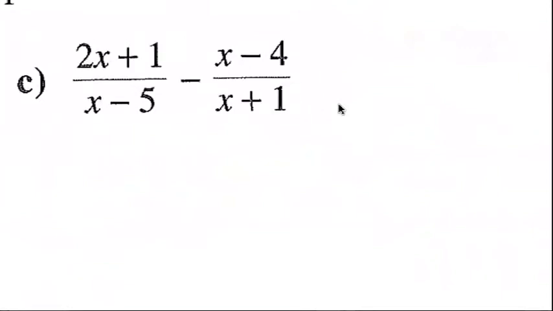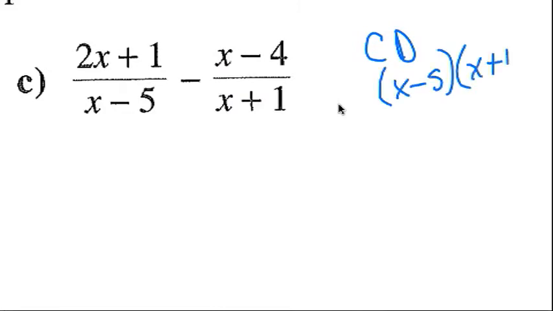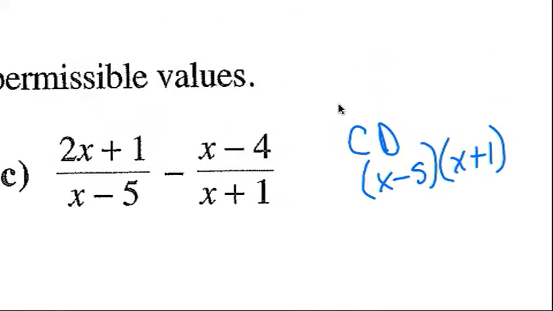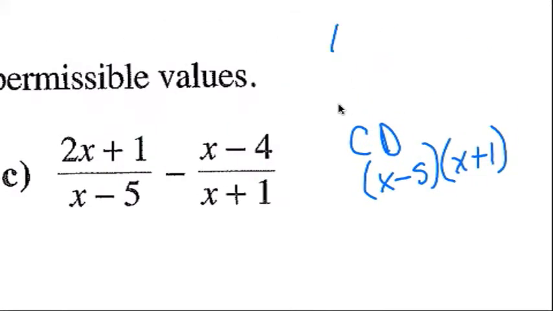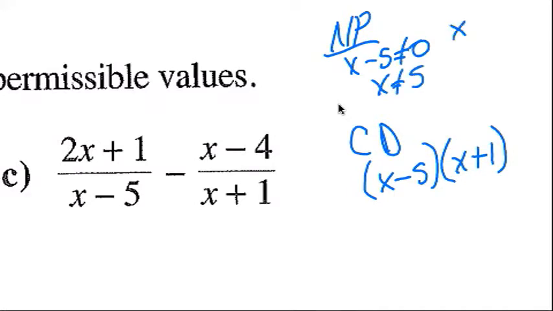My common denominator is a combination of x minus 5 and x plus 1. So that's what my common denominator is. So I need to convert both of those fractions. First, though, I'm going to do my non-permissible values real quick. x minus 5 cannot equal 0, so x cannot equal 5. x plus 1 cannot equal 0, so x cannot equal negative 1.